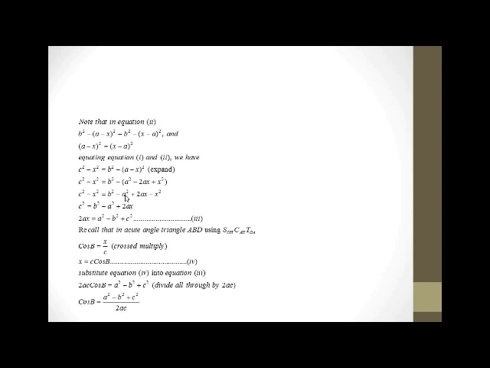Then after expansion, we're going to collect what is needed. And you know that minus x squared at this point, if we transfer this minus x squared to this side, that simply means they are going to cancel. Then c squared equals b squared minus a squared plus 2ax. So that simply means we are going to make 2ax the subject of the relation, which gives us equation 3.